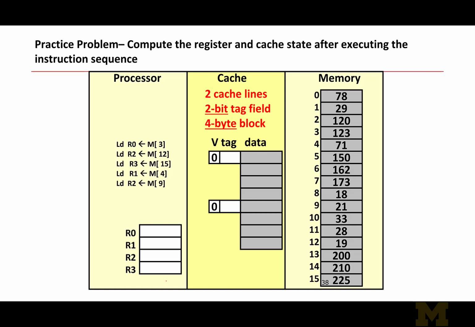Now let's take a look at a problem, and in this problem we're going to assume that it has 2 cache lines and it has a 2-bit tag field, but it has a 4-byte block. So before in our examples we were assuming a 2-byte block. Now we have increased it to 4 bytes, and as a result the tag size decreased from 3 bits to 2 bits.